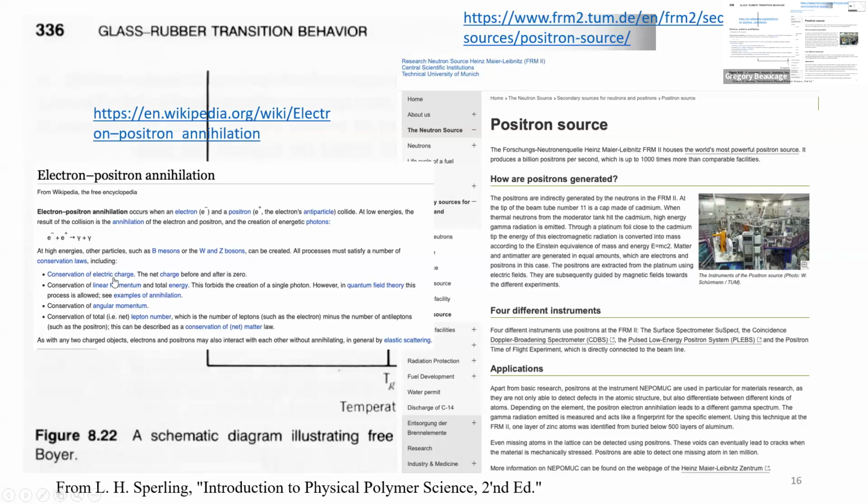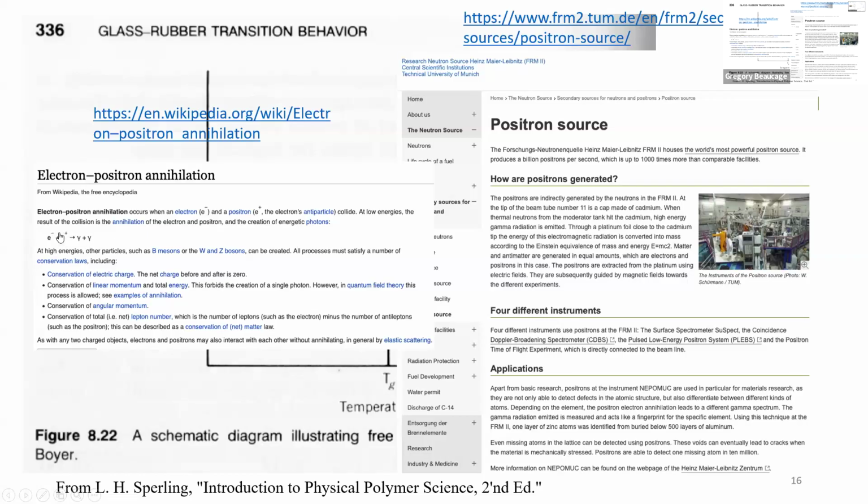Net charge means that if you make an electron, you have to make something equivalent to an electron at the same time. E minus is a normal electron, E plus is called a positron. So this is matter and antimatter. People do this routinely. Believe it or not, people make antimatter all the time.